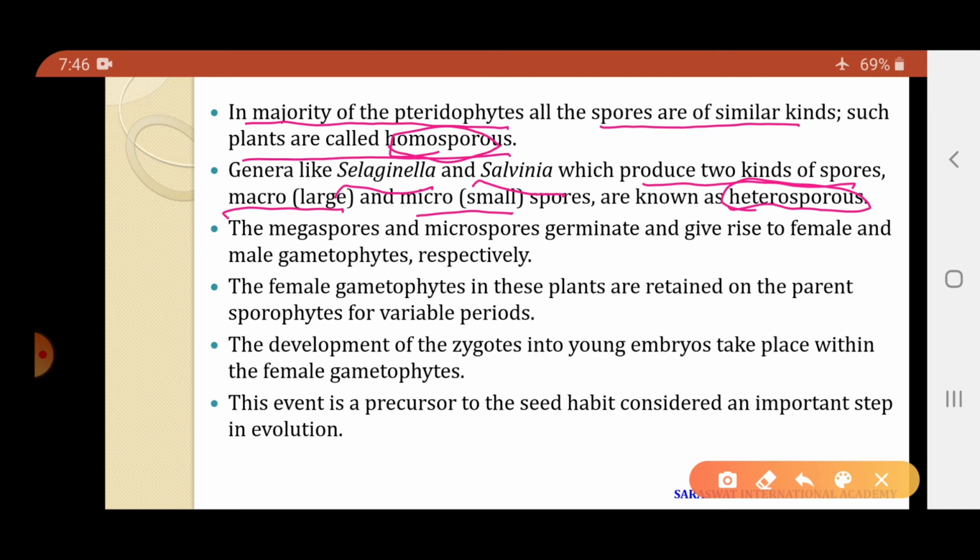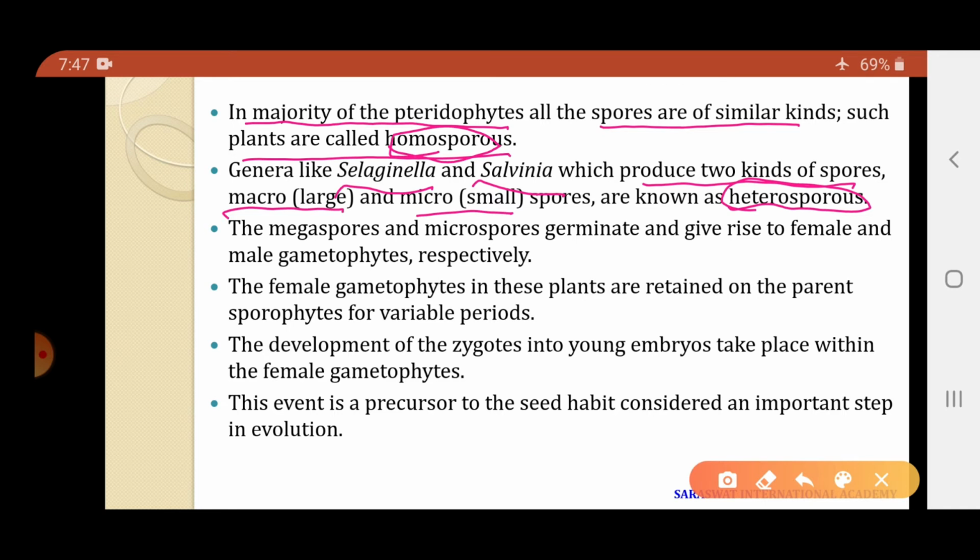Now students, I told you the spores they develop and they give rise to the spores का germination होकर क्या बनता है, gametophyte बनता है, right? So students, those plants which are heterosporous, those pteridophytes which are heterosporous यानी उनमें दो different kinds के spores है. Some spores are smaller in size called as microspores, some spores are larger in size and they are called as the megaspores.